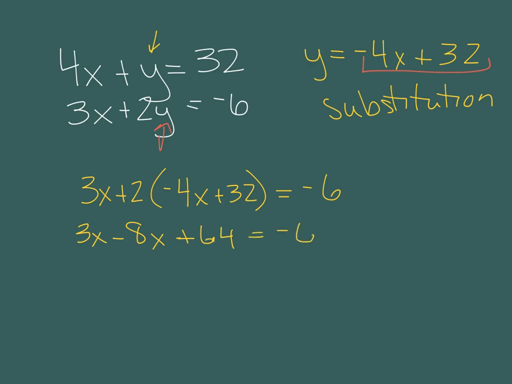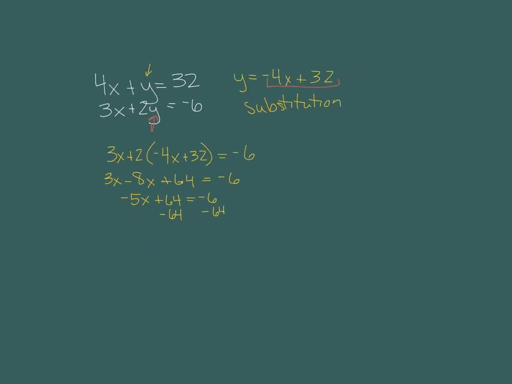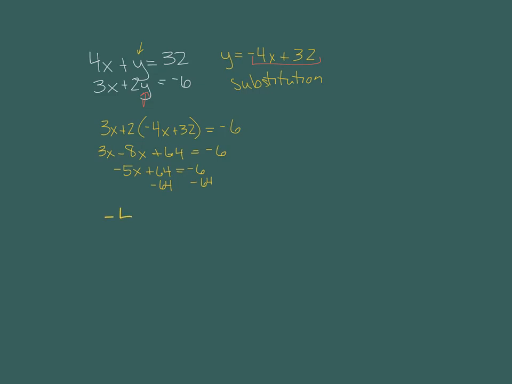And that equals negative 6. So now I'm going to combine like terms. So 3x minus 8x is negative 5x plus 64 equals negative 6. Now I'm going to subtract 64 from both sides. And I get negative 5x equals negative 70. Then I have to divide both sides by negative 5. And I get x equals a positive 14.